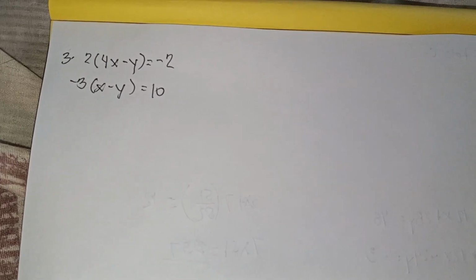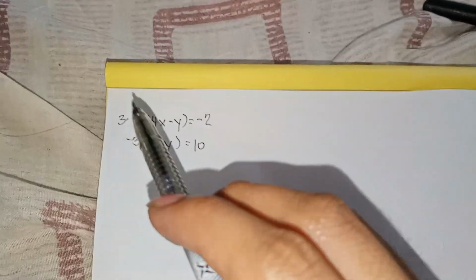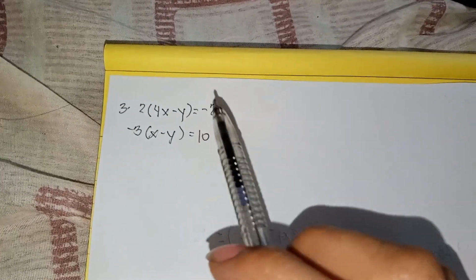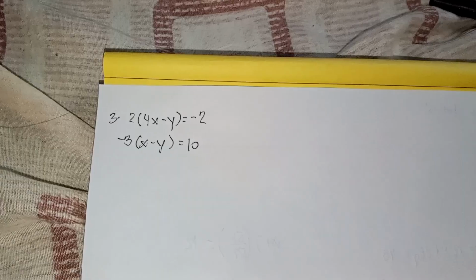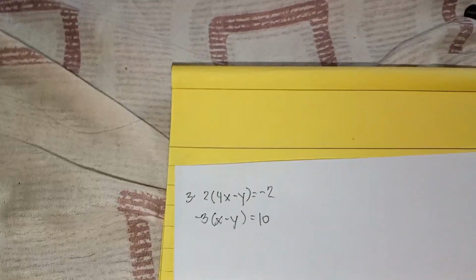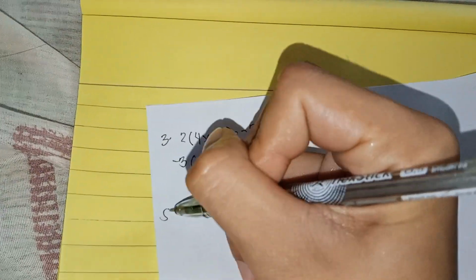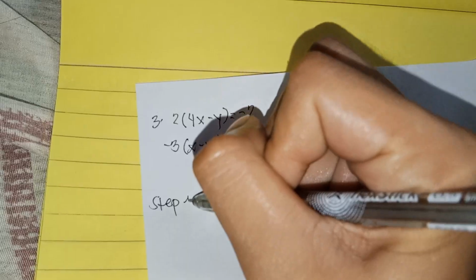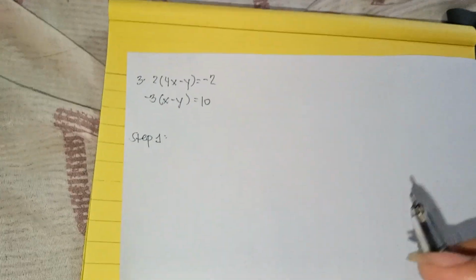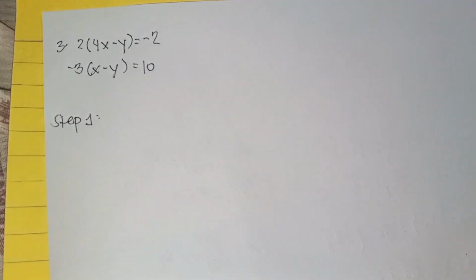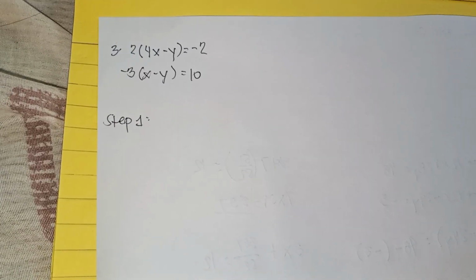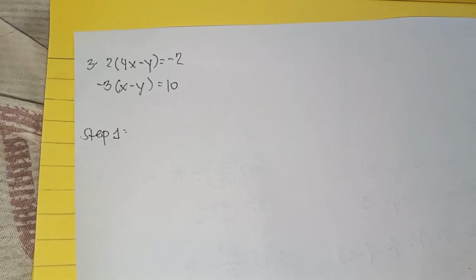And this is our problem number 3. We have here the two given equations, given equation 1 and equation 2. So for step 1, we're going to simplify both equations first. So first, we remove parentheses and simplify both equations to standard form.